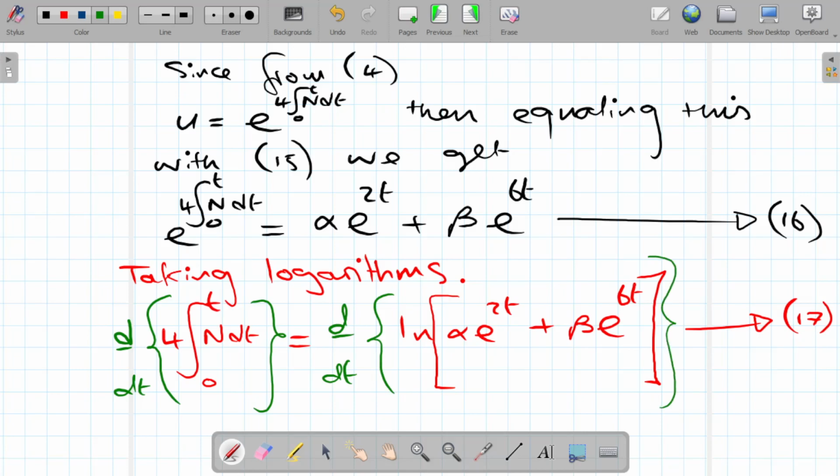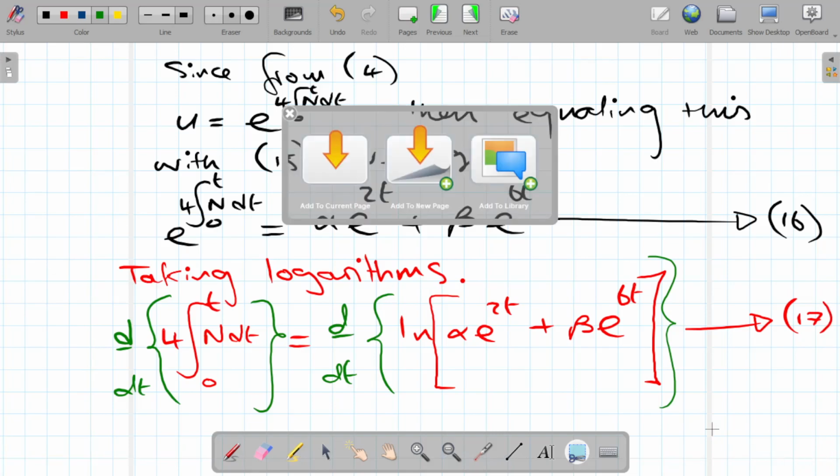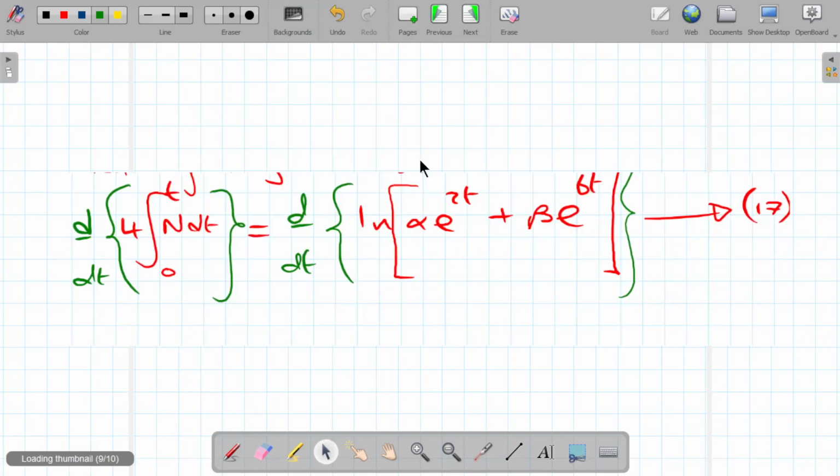What I'm going to do is cut and paste that, and we'll just add it to a new page.